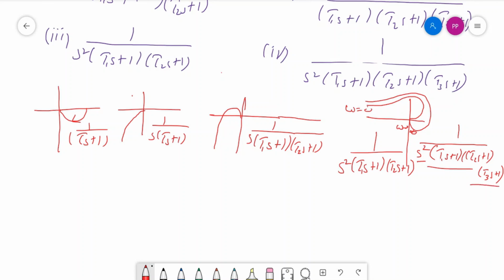So with this, the discussion of today on the revision of the parameters of frequency domain analysis and the polar plot is completed, and we shall come with closed loop frequency response in the coming lecture for detailed discussion.